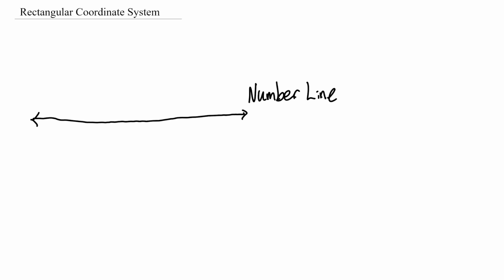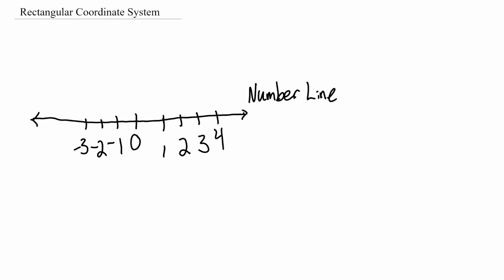Where maybe we put 0 at the center. Maybe if we're dealing with a different set of numbers, we might center it somewhere else. But we can put 0 at the center, and then we typically put what we call the integers on it. So to the right of 0, we put the positive whole numbers. To the left of 0, we put the negative whole numbers.